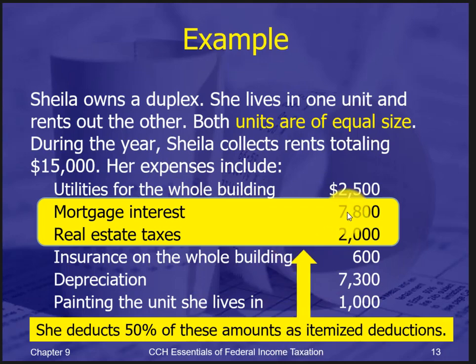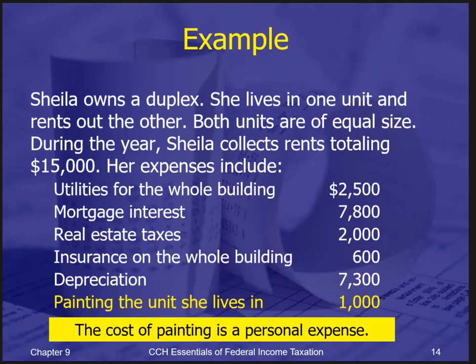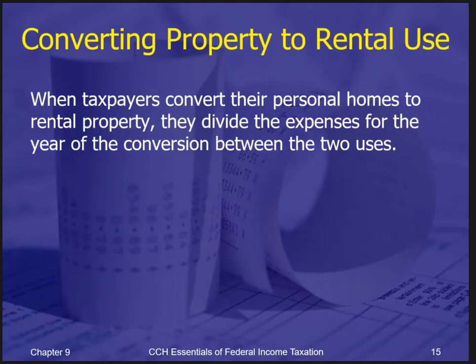But the half that's mortgage interest and the half of the real estate taxes that's for the rental is a rental expense, and the other half that's for our side goes on our Schedule A as an itemized deduction. And then, of course, there's something that's specific for our side that is just personal.